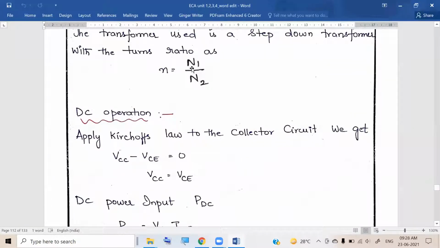By the time I come back, tell me what will be the DC load line based on that relation.